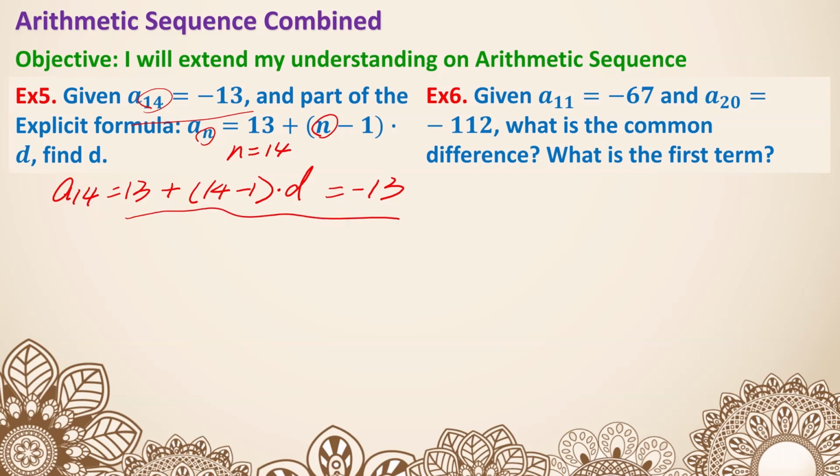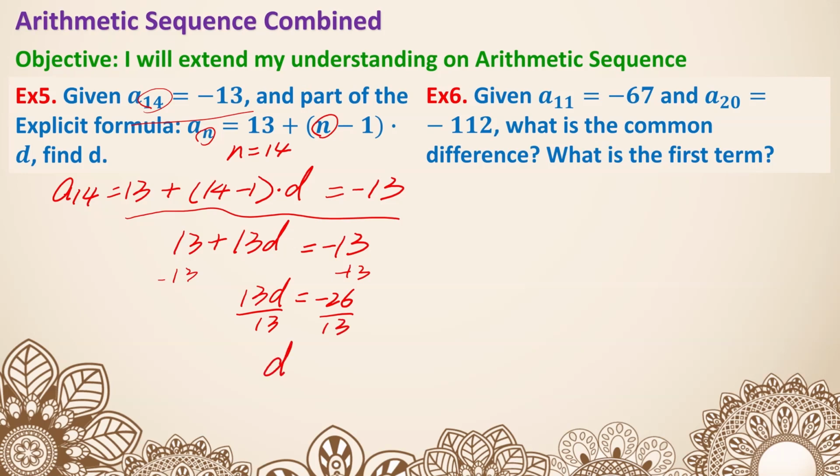Let's solve that equation. 13 plus, well, you have to deal with the parentheses first. 13d equals negative 13. Subtract the 13 over, because you're just solving an equation now to find d. So 13d equals negative 26. Divide both sides by 13. d is negative 2. There you go.